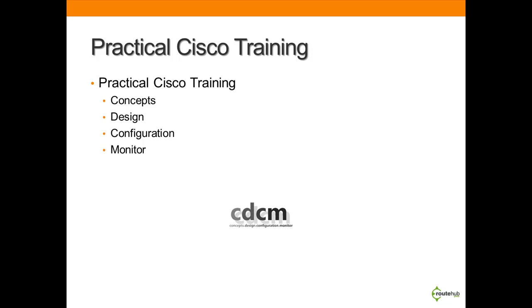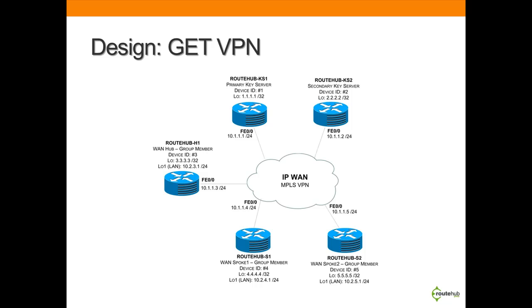This is what we call CDCM, and basically this is our acronym that we're branding, that we know that these are important components for network engineers and consultants to know how to manage a network in real time in the real world. Within this workbook, you will learn the concepts and design GET VPN in a practical environment.